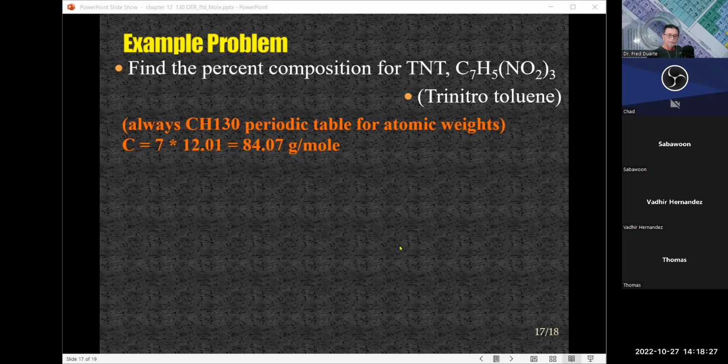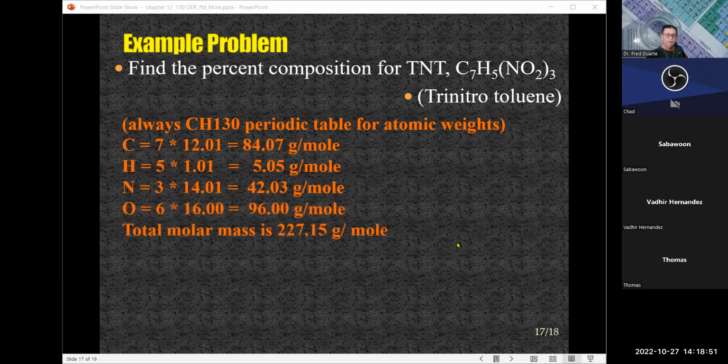There's 7 of them, so it's a total contribution for carbon of 84.07 grams per mole. Hydrogen, there are 5 hydrogens, each one bringing in 1.01, so it's a total of 5.05 grams per mole for the hydrogens. The nitrogen, there are 3 of them, each at 14.01, total of 42.03 grams per mole.